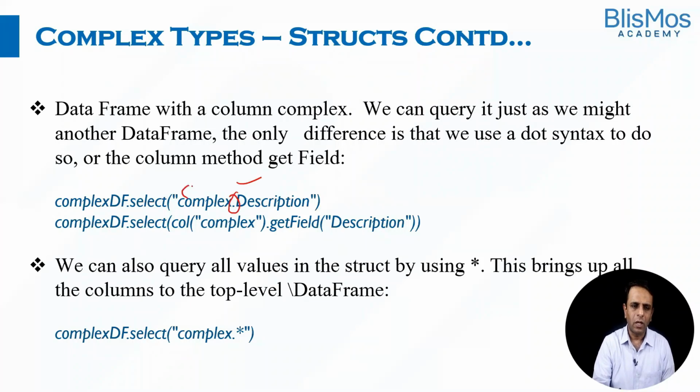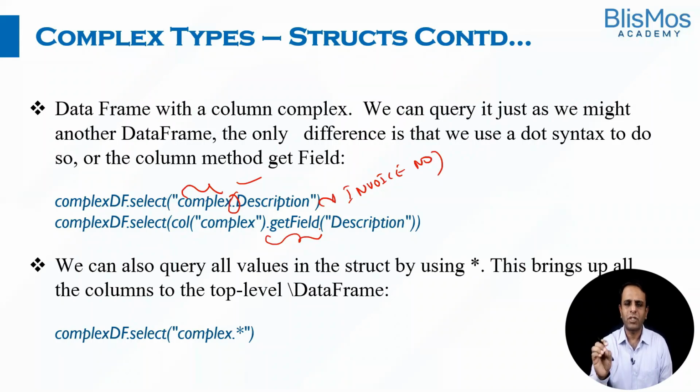For example, a column which has a complex data type and which includes description and also one more column, invoice number. Both of them are a part of this one. Now, if I want to retrieve only the description, I can do that by a dot notation. And also, we can use something called getField to get the description of a particular value within a struct.